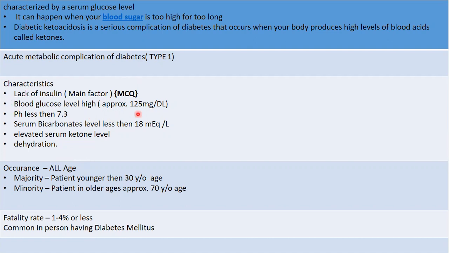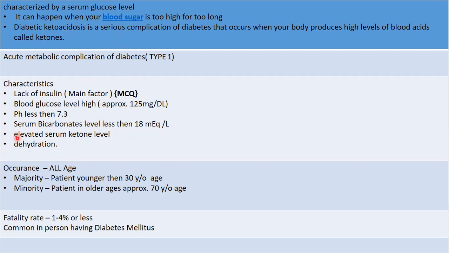So in this case, the patient is having more than 125 mg per dl blood glucose level. The pH is less, that is 7.3. The serum bicarbonate level is 18 milliequivalent per liter, and the elevated serum ketone levels are also a main factor. That is why we put it in our definition also here.